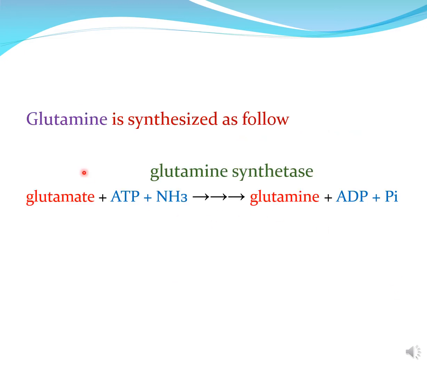Glutamine synthesis is by glutamine synthetase. This enzyme can utilize free ammonia. Glutamate plus ATP and free ammonia, by the enzyme glutamine synthetase, result in the formation of glutamine, and this is one of the ways that we deal with free ammonia inside tissues.